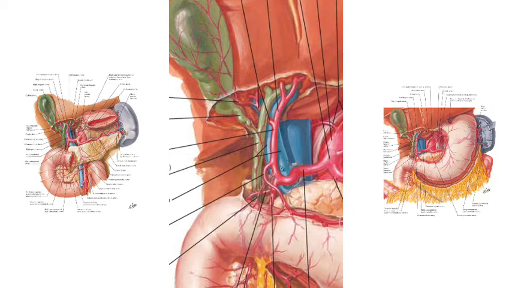Posteriorly, you can see the right hepatic artery, and posterior to that you have the portal vein. That's the major relation, and to the right side you can see the cystic duct. This is the relation of the common hepatic duct.